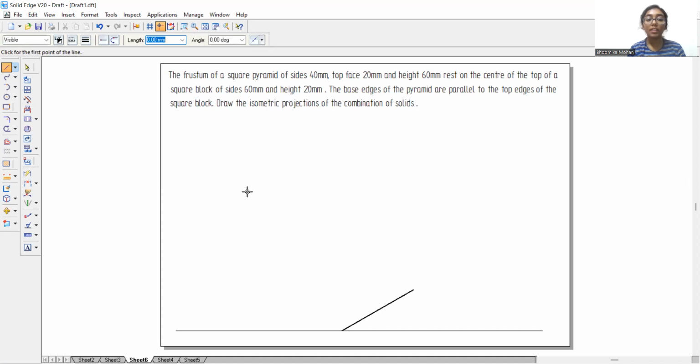Now we complete the square block by taking another line of measurement 60 mm and 150-degree angle. Next, taking similar lines and using move tool, we complete the square block.